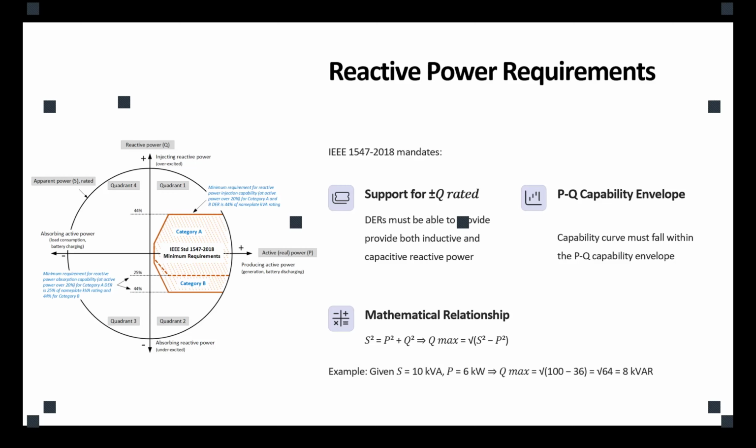But the requirement also says there is a minimum reactive power injection to the system. So we cannot just get connected to the system. We have to contribute to the fault.